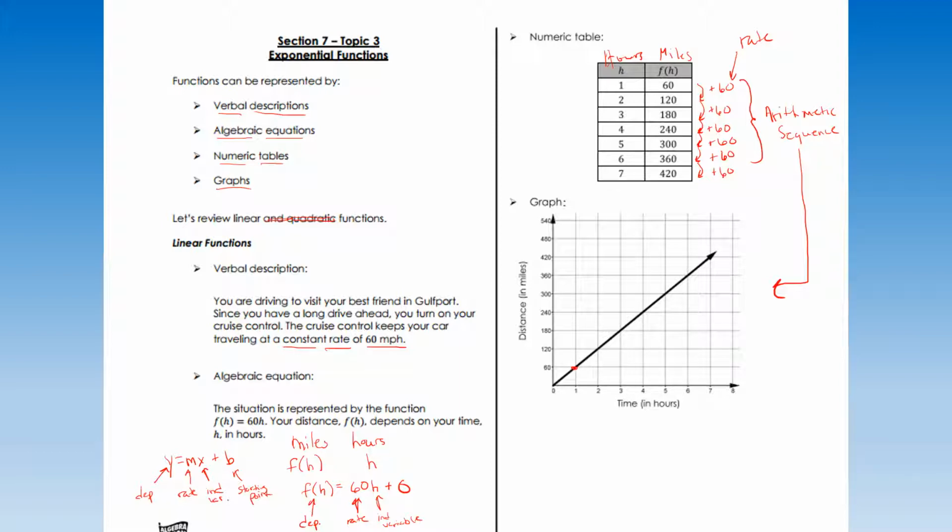In 1 hour, we're at 60, 2, 120, 180, 240, 300, 360, and 420, and we could keep going and going and going. Right? But every hour is another 60 miles. Okay, so that's a quick review of what linear functions look like as an equation, a table, and a graph.